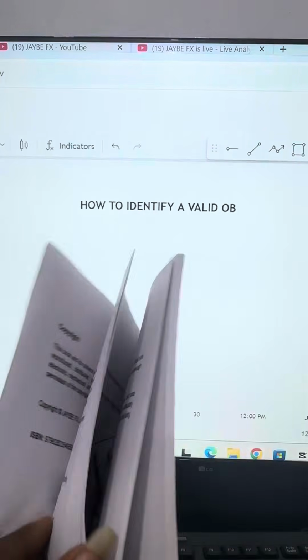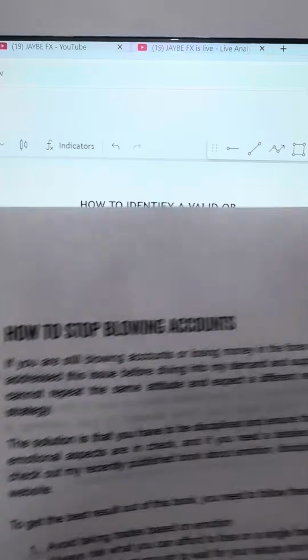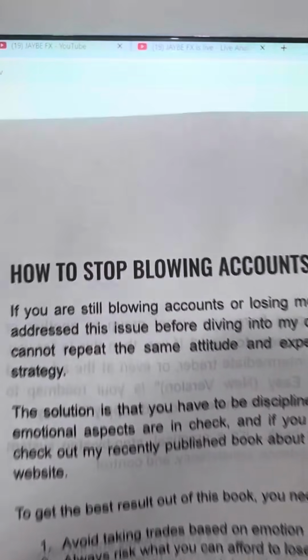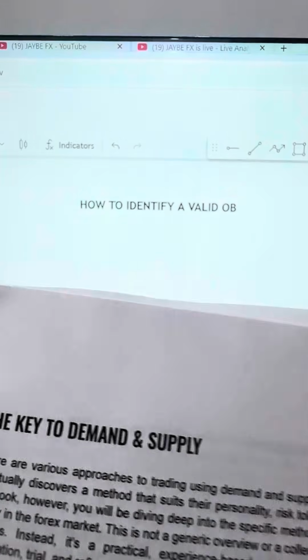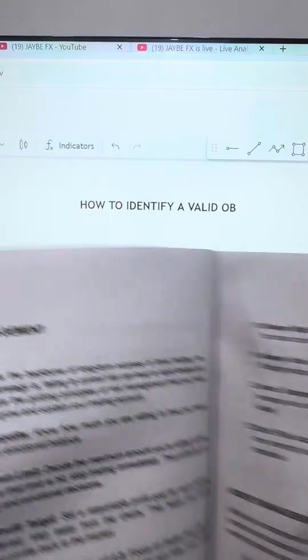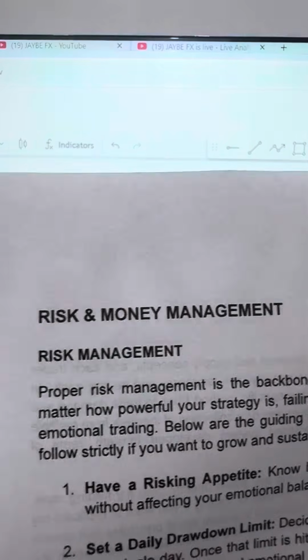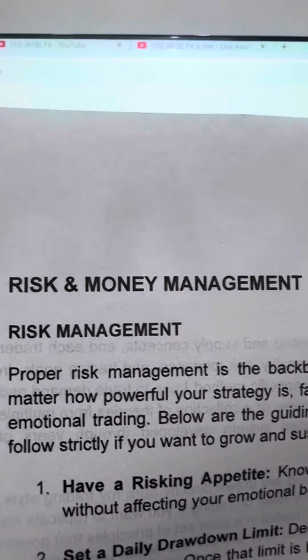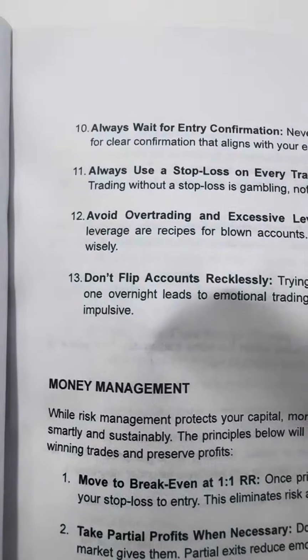Now, this book also contains why you should stop blowing accounts, or how to stop blowing accounts, the key to demand and supply there. And not just that, the risk and money management. That's for the risk management, and this is for the money management.